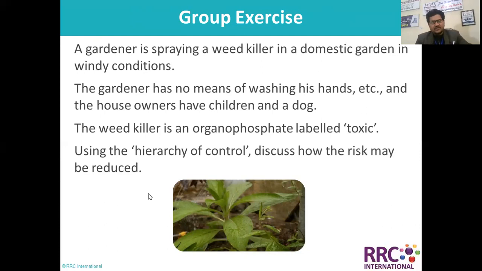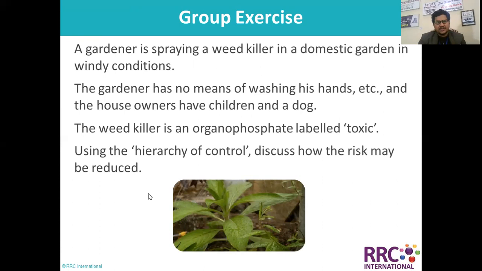Yes, hierarchy of control. The process is spraying. Where? In the garden. And what is the chemical? The weed killer. Who is available nearby? The children and the dog. And a hand washing facility is also not available.